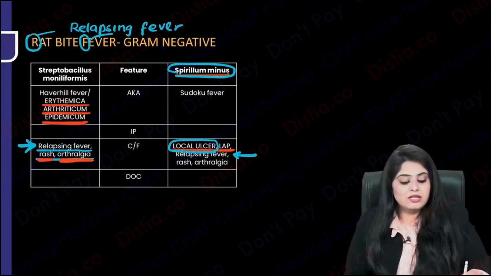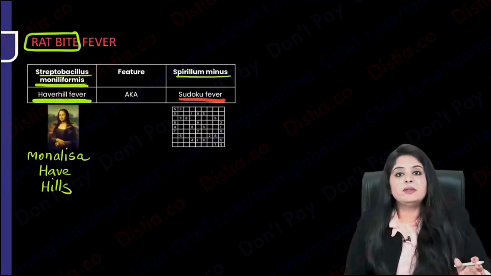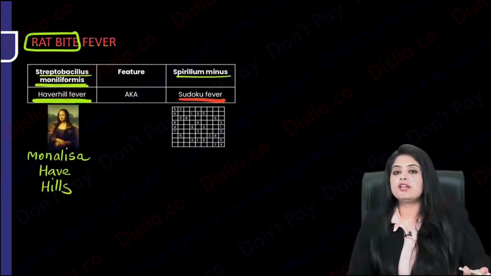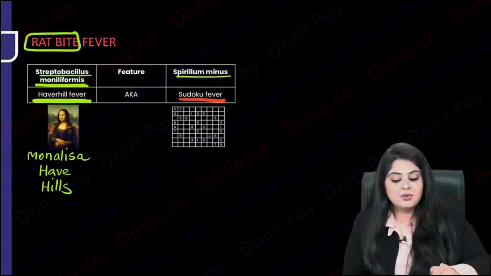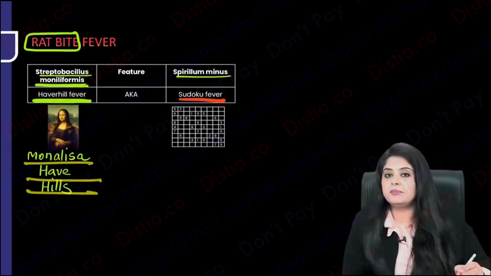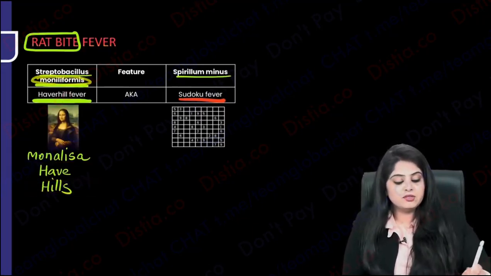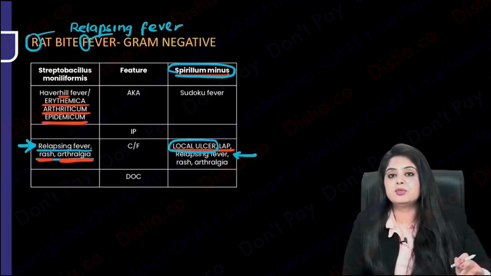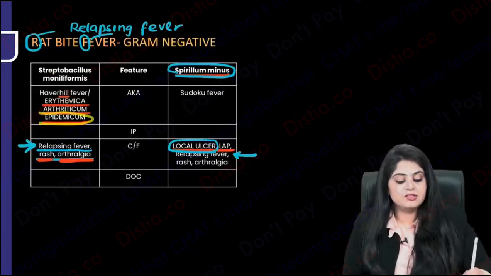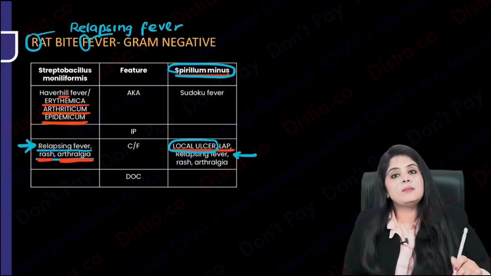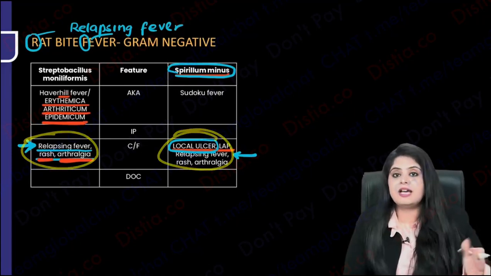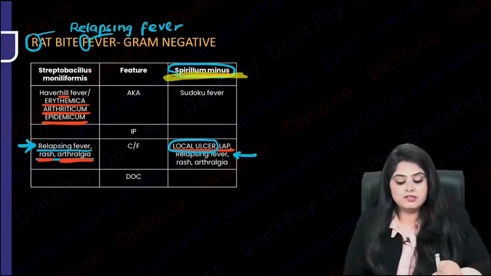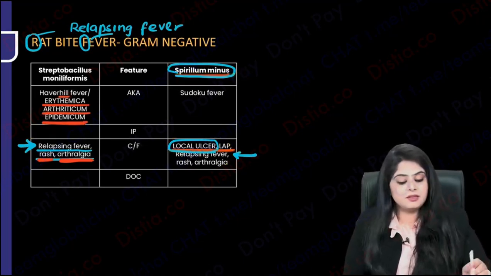So Haverhill: epidemic is happening in the hills. Okay, what kind of stories we have to make in order to sail our boat through microbiology. So Monalisa wants to have her trip in the hills, so Streptobacillus moniliformis is going to have Haverhill fever, but in the hills the epidemic is happening. So it is known as erythemica arthriticum epidemica. And now you've understood, in both there is relapsing fever, rash and arthralgia, but who has the local symptoms? The local symptoms are in Spirillum minus.